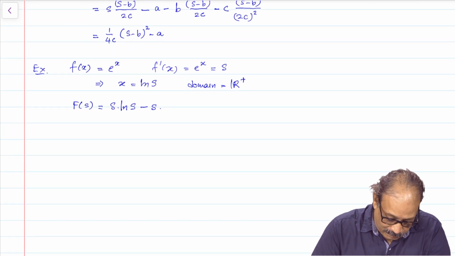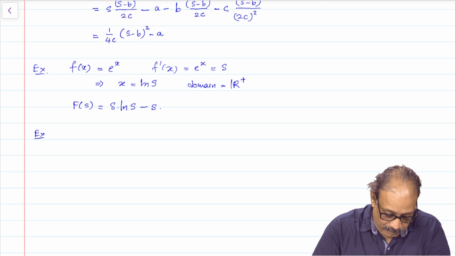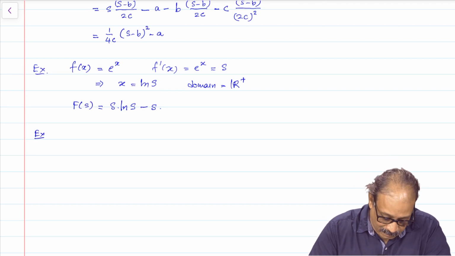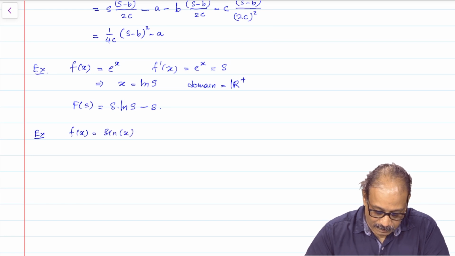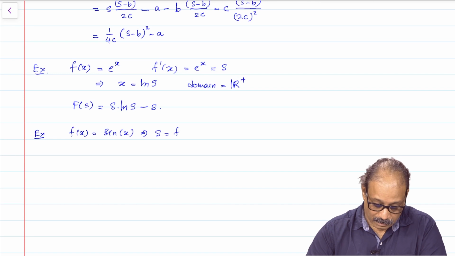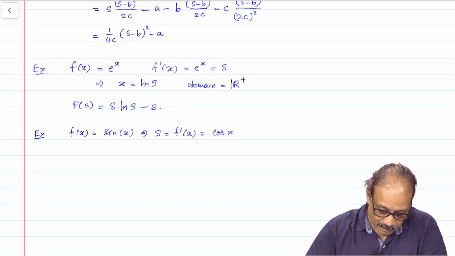And finally, the third example which we were looking at was the sine function, sine of x. Then s must be equal to f prime of x, which is nothing but cos of x, and we get x as cos inverse of s.